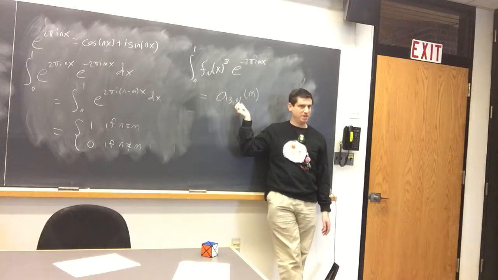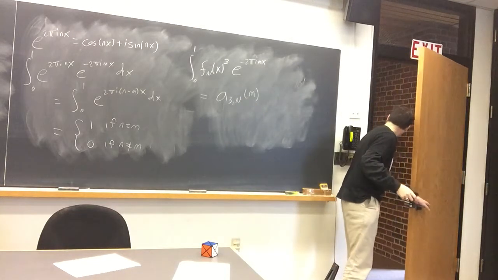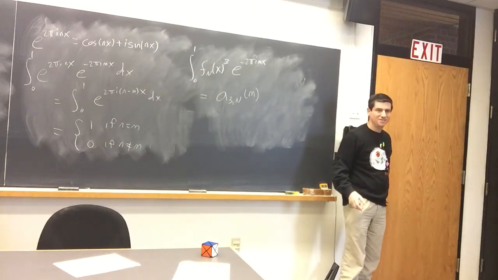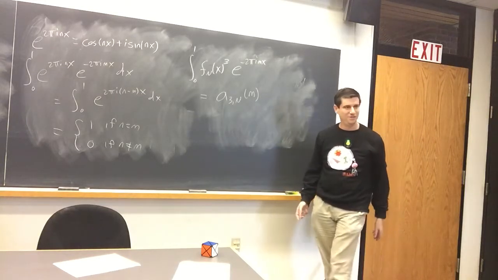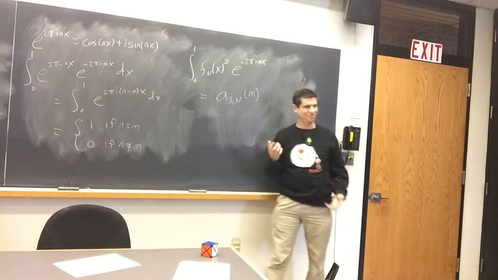Each prime is at most big N. What can you tell me about this number? What kind of property must it have? What must it have? It must be an integer, right?